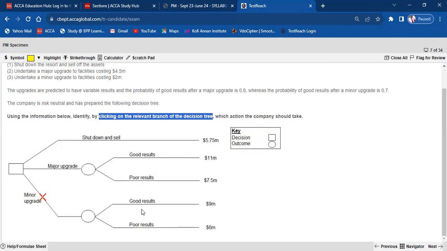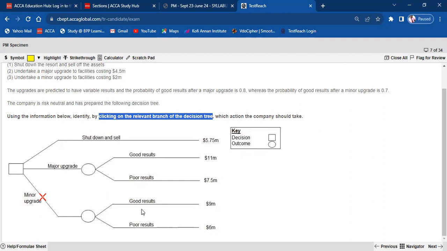So you must be aware of hotspot kind of objective test question like this. I met one in paper FR where the candidate was asked to calculate earnings per share for a particular year, but the graph was drawn with the years on one axis and the earnings per share figures on another axis. So you've calculated it, maybe you got 2.5 cents.